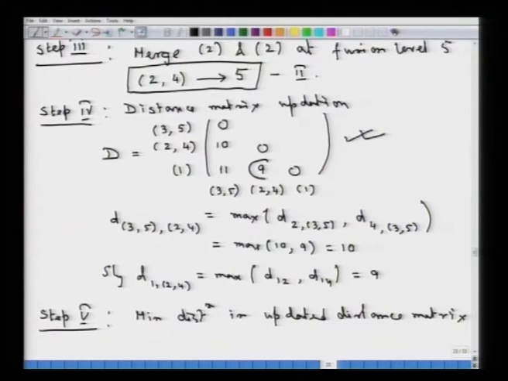As we can see, it is 9. This would imply that we will merge the cases accordingly. This 9 is the distance between a singleton cluster 1 and a cluster having 2 cases, 2 and 4, and hence we will be merging 1 and 2 4 at a fusion level of 9.